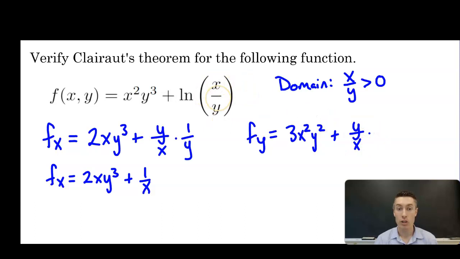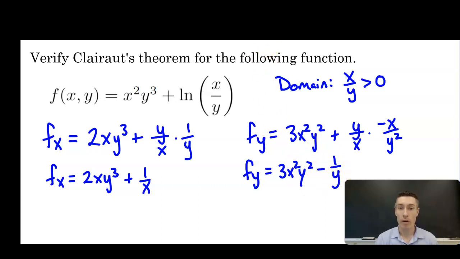And now differentiating with respect to y, since y is in the denominator, we could either go through the quotient rule, or we can think of this as xy to the negative first power. I prefer the second way. So we bring down the negative 1, so negative 1 xy to the negative second, which is negative x over y squared. Again, simplifying, 3x squared y squared minus 1 over y.